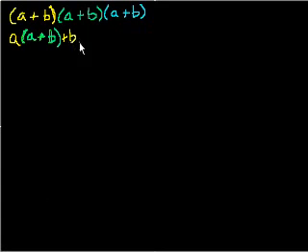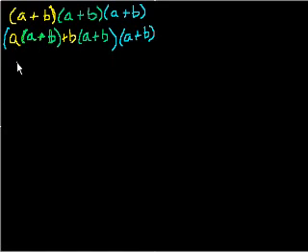Plus b times a plus b, and then all of that times a plus b again. Right? And let's multiply this inside part. I'm just going to keep it multiplied out.